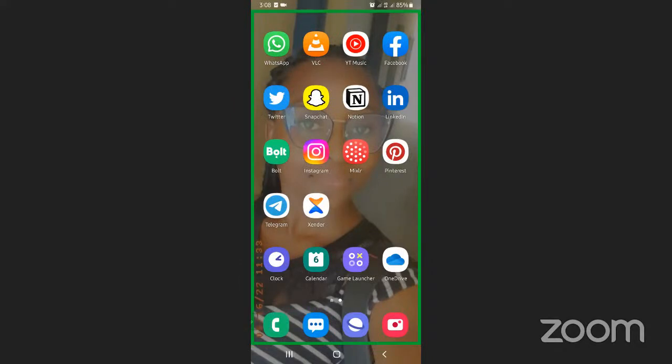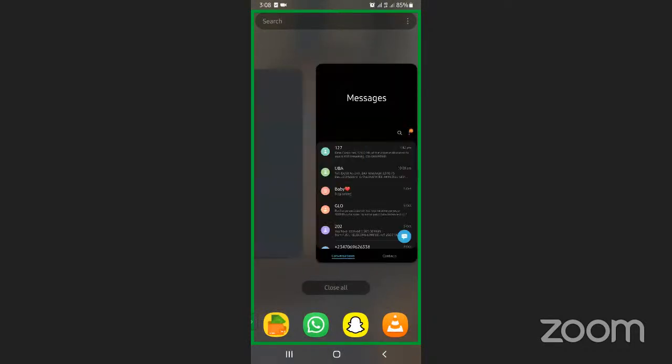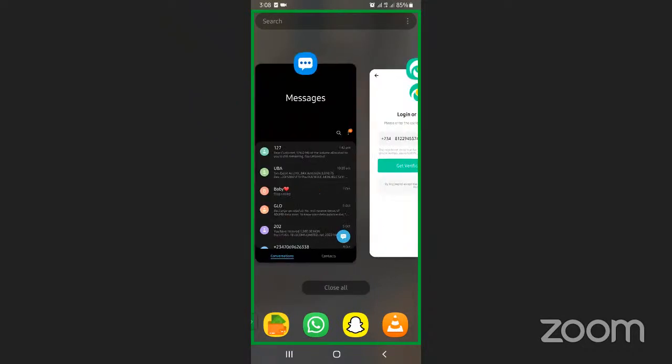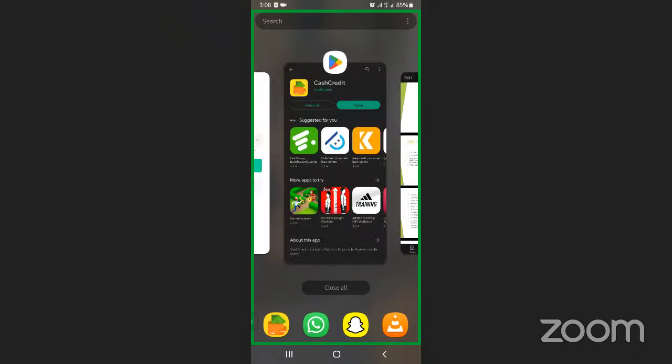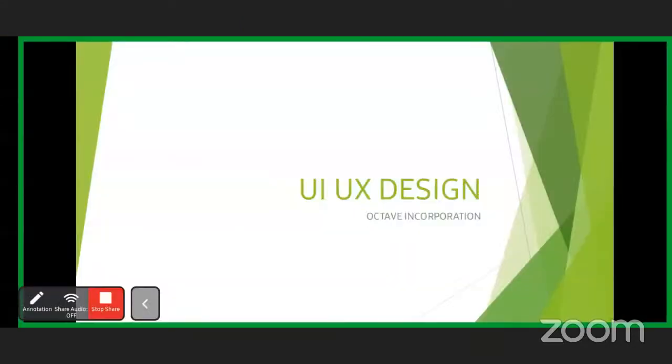Can you rotate it so that it's landscape? Yeah, I'm going to do that. We can see your screen. I just wanted to be sure everyone could see my screen. So can everyone see my screen now? Very clear, very clear. Thank you.